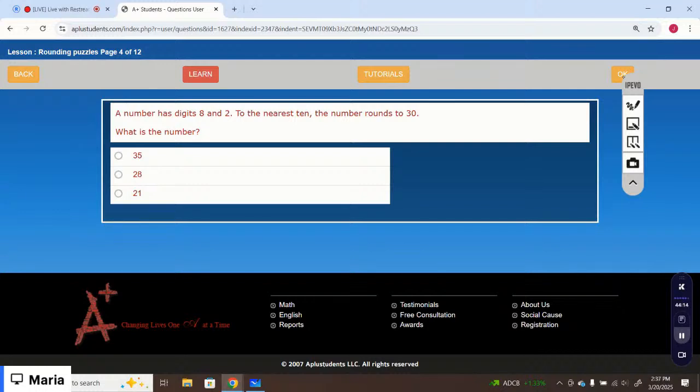A number has digits 8 and 2. To the nearest 10, the number rounds to 30. So which is the correct option?